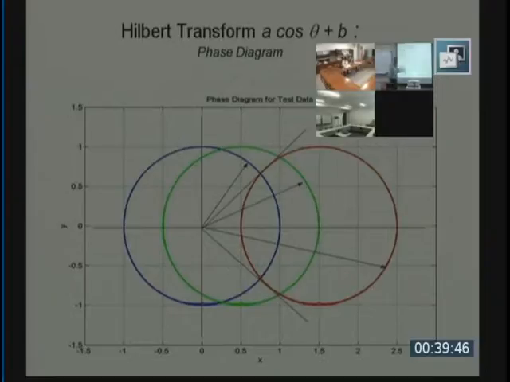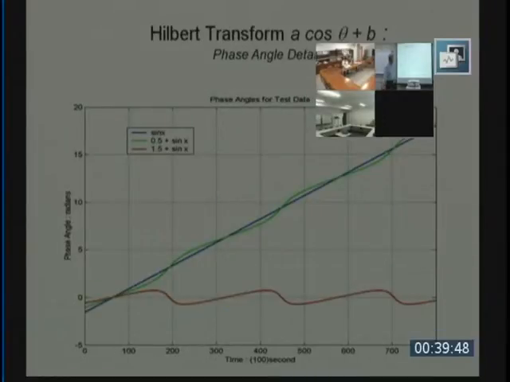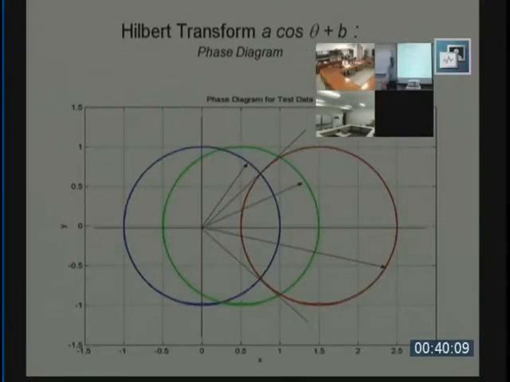As a result, your phase function increases monotonically and uniformly for the blue, which is the centered circle. The eccentric circle gives you wavy lines along that. And the red one goes up and down. You will never go beyond 2 pi, plus or minus 1/2 pi.